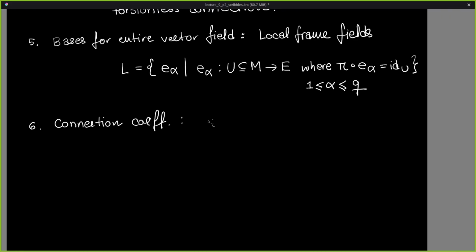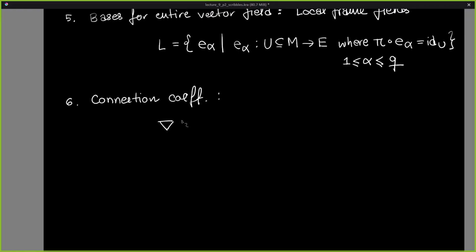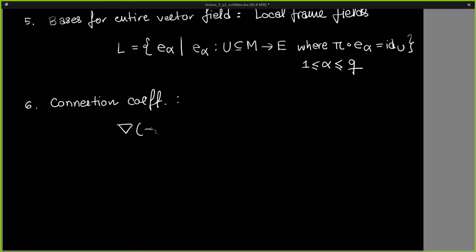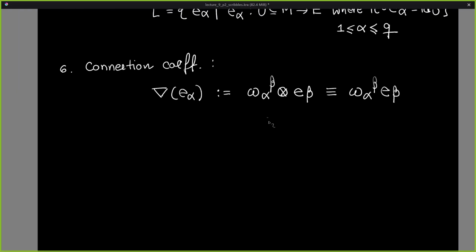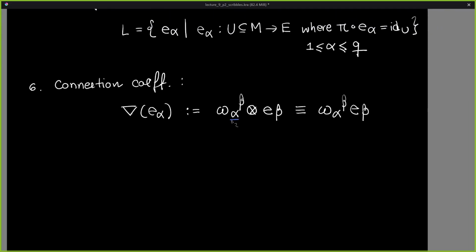We took nabla of E alpha, and we said, let's let this equal omega alpha beta tensor E beta, which we also sometimes equivalently write as omega alpha beta E beta. Here, the important thing to remember is that these are not tensor indices.